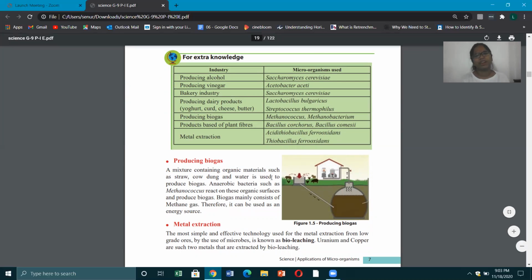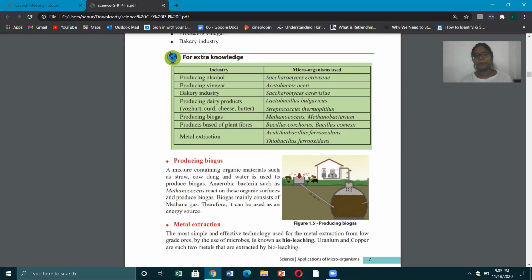Yeah, there are some microorganisms here. I don't think you have to keep in mind everything, but dairy products just try to keep in mind. Alcohol is produced by Saccharomyces cerevisiae, vinegar by Acetobacter aceti. Keep that also in mind. Bakery industry, Saccharomyces cerevisiae again.